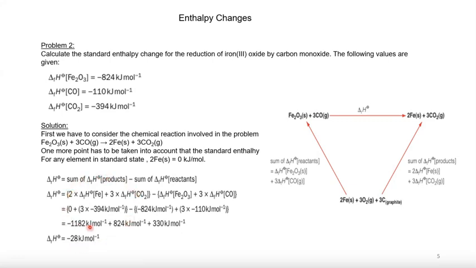This is what we have done with the values given to us, and thereby we find the standard enthalpy change of this problem, the reduction of iron 3 oxide by carbon monoxide. Though we can measure standard enthalpy change indirectly, using Hess's law we can also find quantitatively the standard enthalpy change of a reaction, or of formation, and so on.